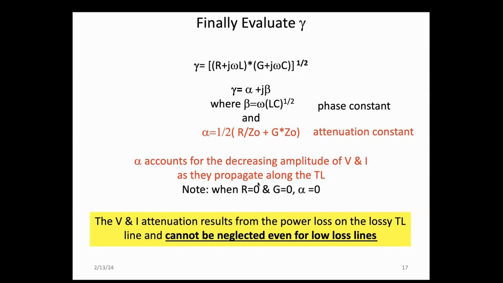The answer is no. It's because it's filled with a dielectric, and this reflects that effect. Again, note that alpha accounts for a decreasing amplitude of V and I, and you'll see that more clearly in the few slides to follow. But again, when R and G are zero, the attenuation factor goes to zero. Again, it becomes a lossless line.